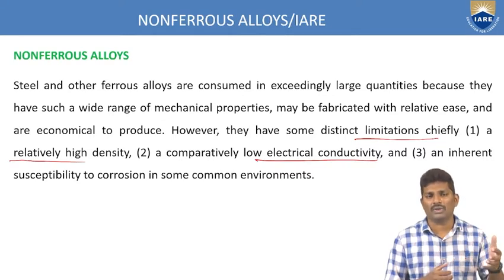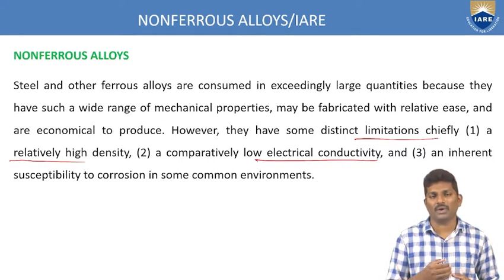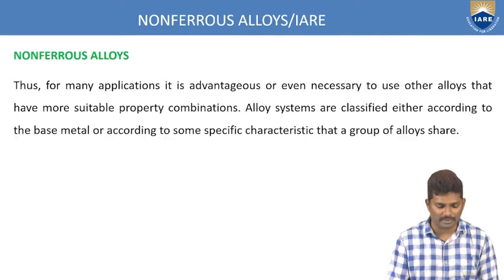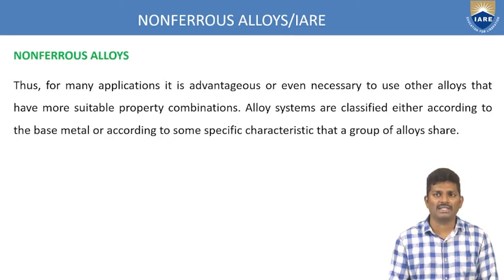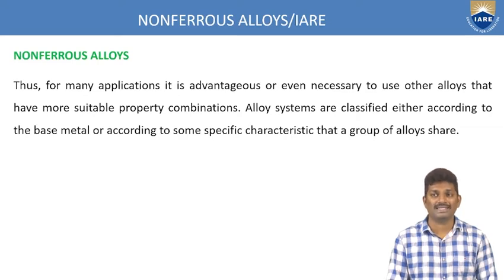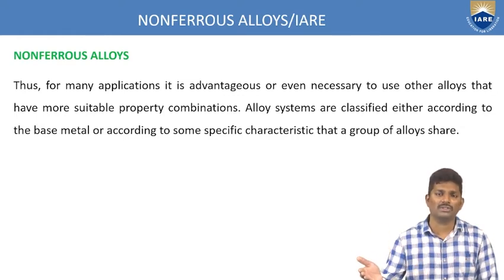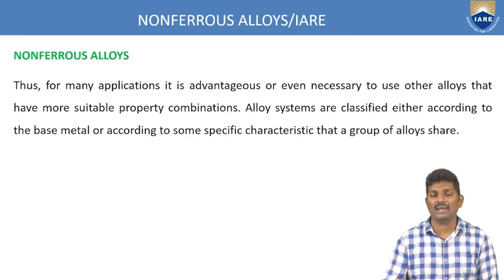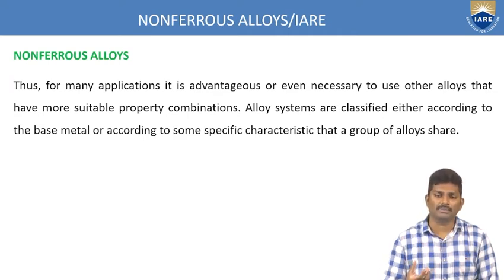So in order to avoid those drawbacks, we are going with the non-ferrous alloys. Thus for many applications, it is advantageous or even necessary to use other alloys that have more suitable property combinations. So in order to overcome those drawbacks, we are replacing the ferrous materials with non-ferrous materials, and by adding some alloying elements into those, we can enhance the mechanical properties, the thermal conductivity, and the ductility.